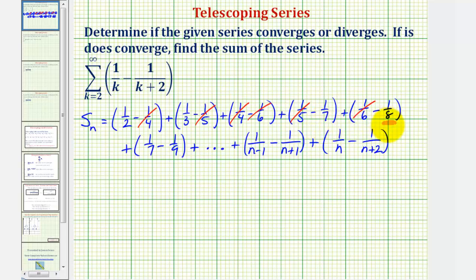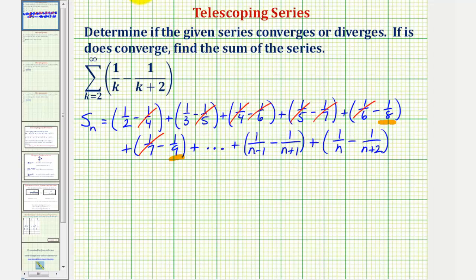Let's go ahead and simplify again. The next two fractions to simplify out would be minus 1/7 plus 1/7. So if we wanted to find the sum of the first 6 groups of terms, notice how we have 1/2 plus 1/3, and then minus 1/8 minus 1/9. So again, we have the 1/2 and 1/3.